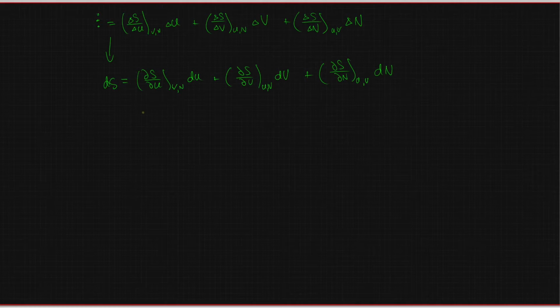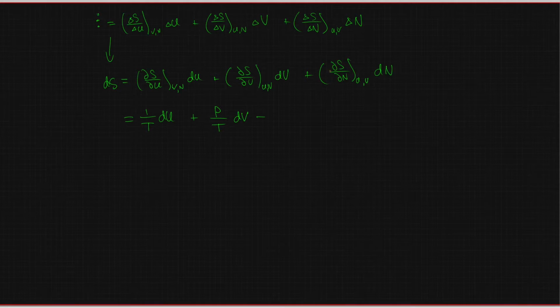All right, so now at this point, we just do the same thing that we've done before, and we just substitute in our definitions for all the different thermodynamic quantities. So here it'll be in terms of temperature, here it'll be pressure and temperature, and here it'll be chemical potential and temperature. So using our definitions, this becomes 1 over T dU, right? That's just 1 over the temperature. This is just the pressure over the temperature, dV.